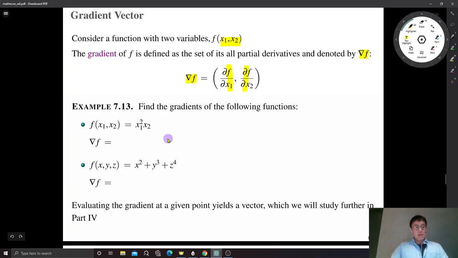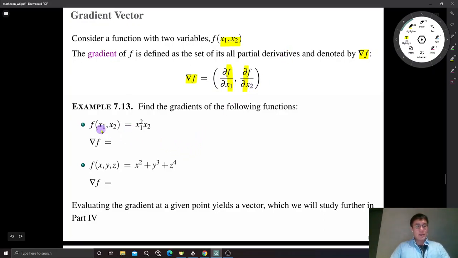Okay? So this is just a slight extension of partial derivatives. So the only skill we need for finding the gradient is the same as before. The problem of finding the gradient is the same as finding all partial derivatives. Okay.